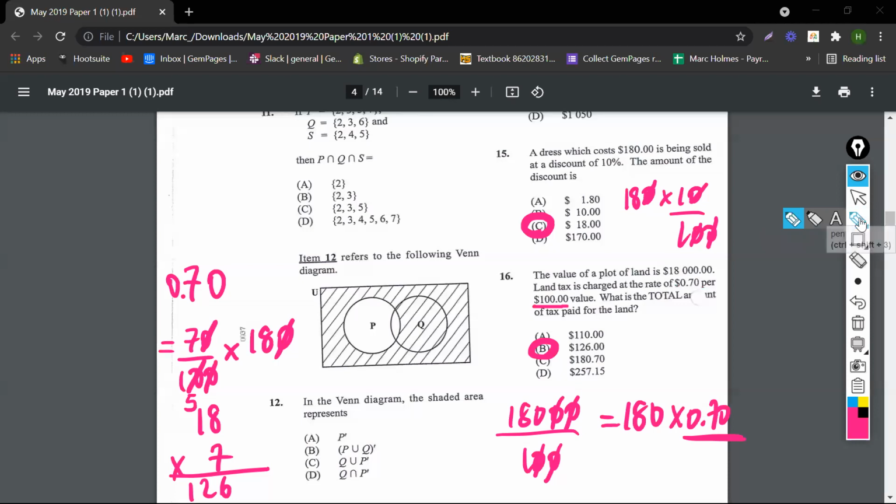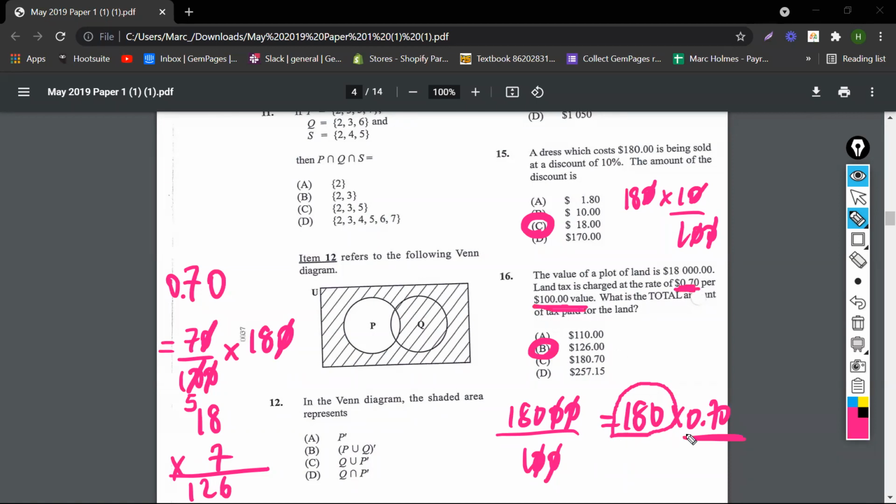So you need to divide 100 into the 18,000 because there are 180 hundreds in the 18,000. Then you multiply it by the 70 cents because it's 70 cents per $100.